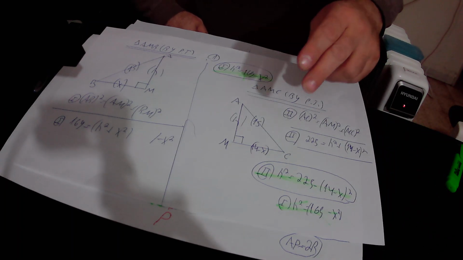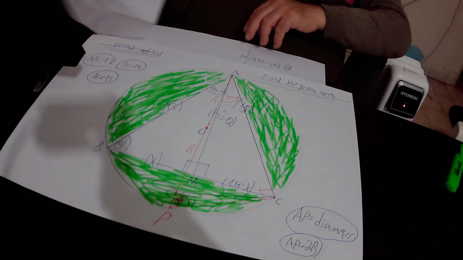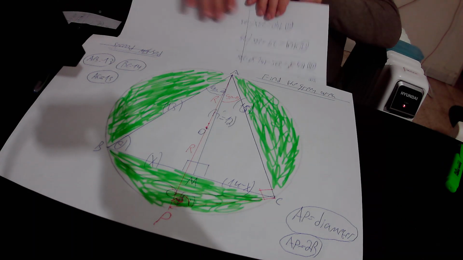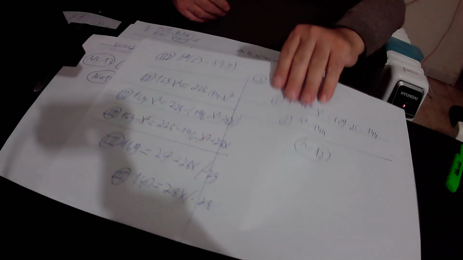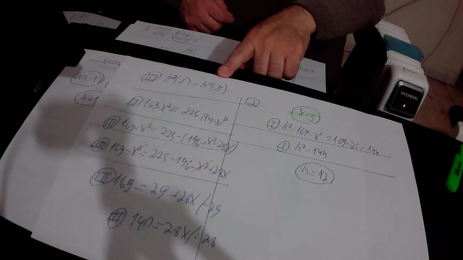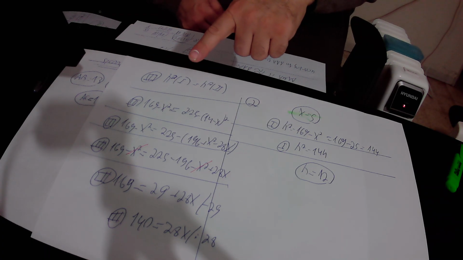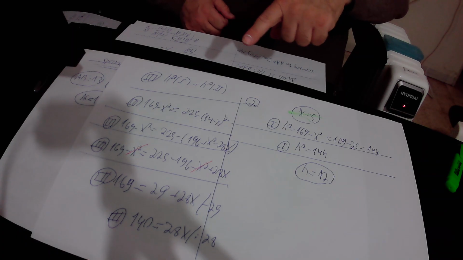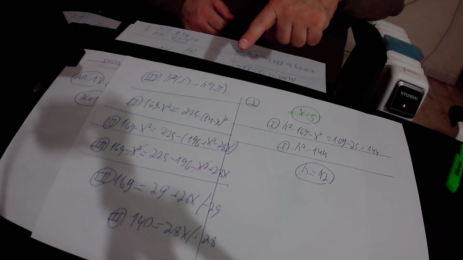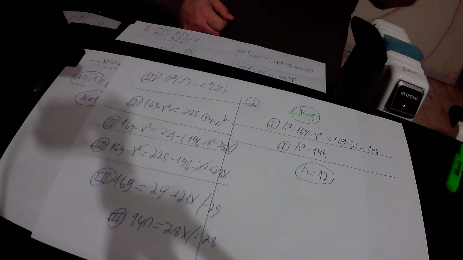So we have two different equations for h squared. Therefore, we created equation number 3 that states that h squared according to equation number 1 must be equal to h squared according to equation number 2. H squared according to equation number 1 equals 169 minus x squared, and it must be equal to h squared according to equation number 2, which equals 225 minus (14 minus x) squared.